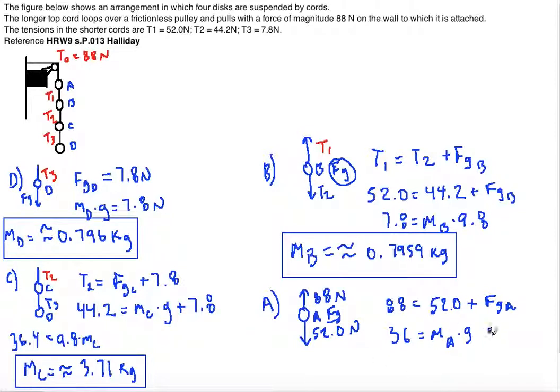Where gravity is equal to 9.8, we get that the mass of A is about 3.673 kilograms. And there it is.